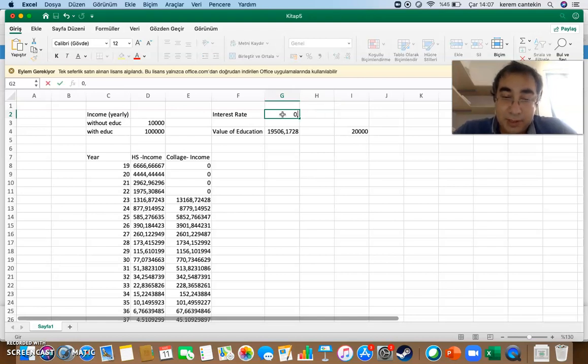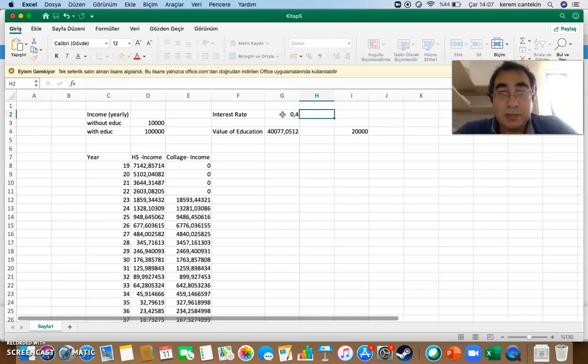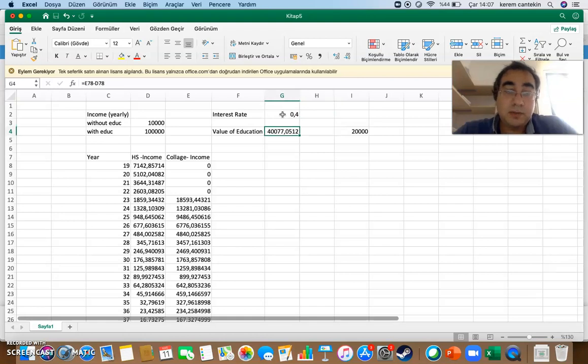However, if we decrease the interest rate a little bit more to 0.4, now the guy with the interest rate 0.4 will take the education. So the price of education will block people with high interest rate.